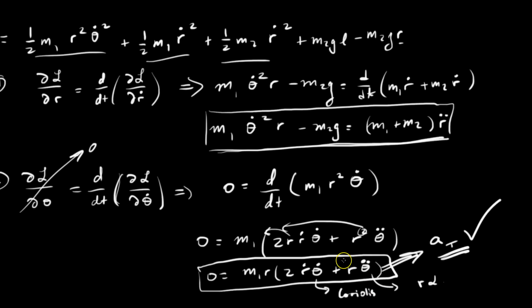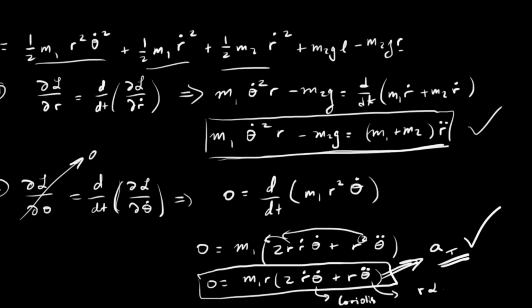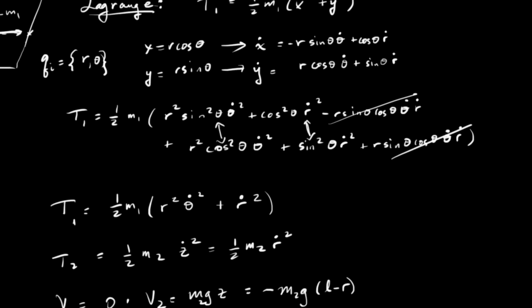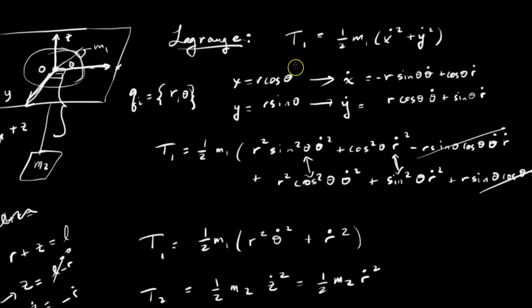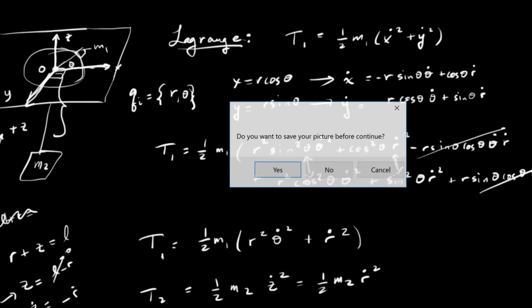Now, this is the same exact solution, except we have two equations, and it was much easier to do it. You didn't have to pick any forces, you didn't have to do anything. You just have to make the kinetic energy and the potential energy. Very simple.